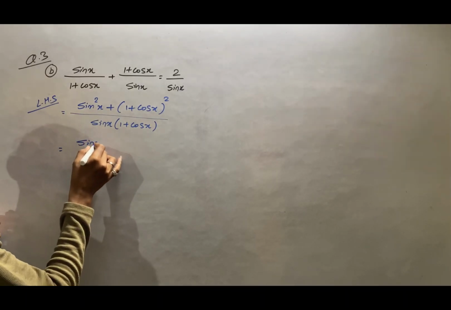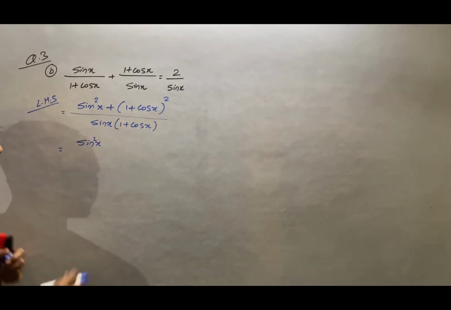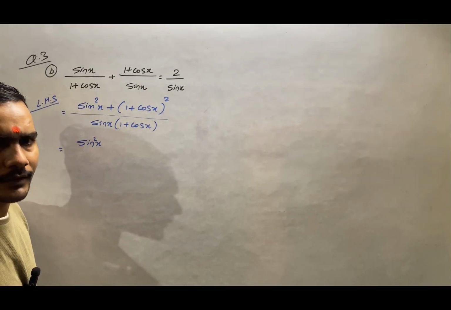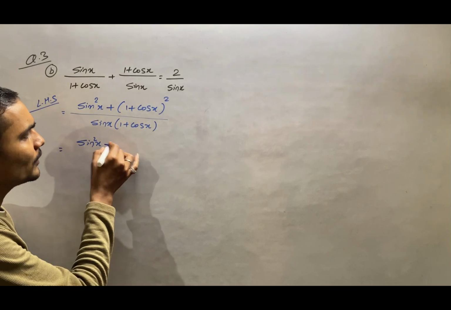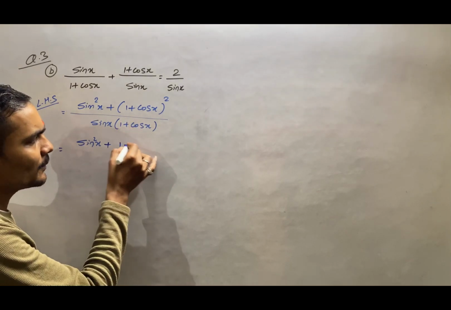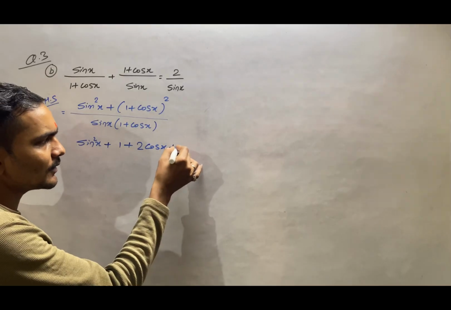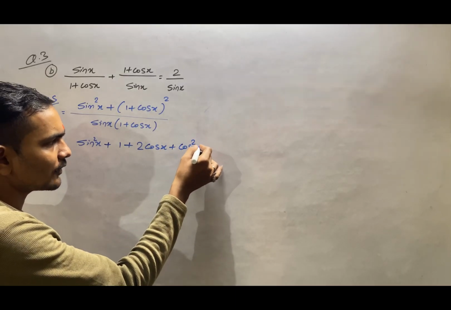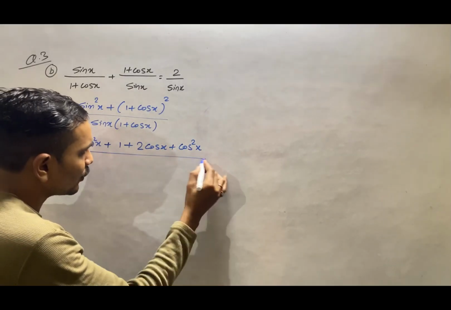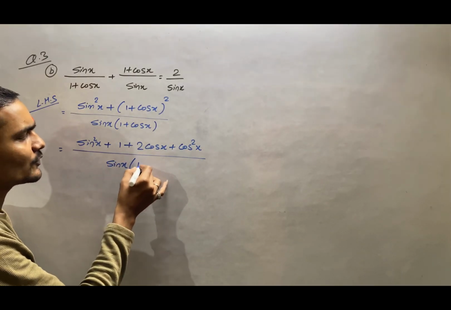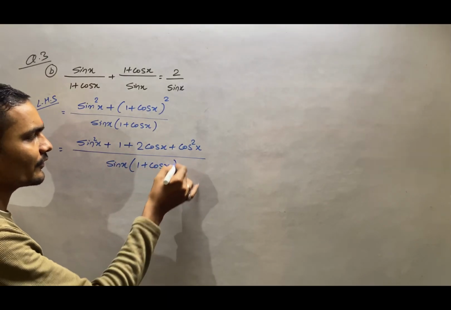So here let's apply the a plus b the whole square formula. So 1 square is 1 plus 2 times cos x, and plus b square means cos square of x, and again the denominator we will take similar, sine of x times 1 plus cos of x.